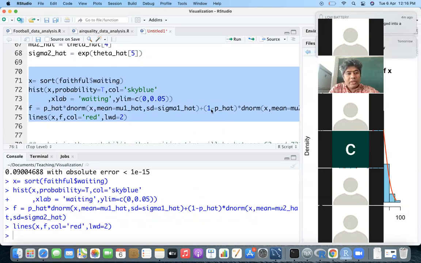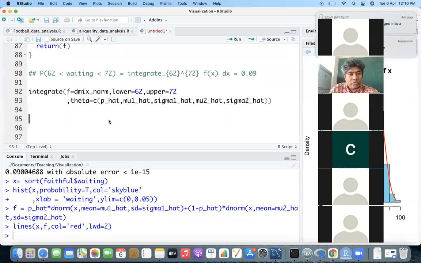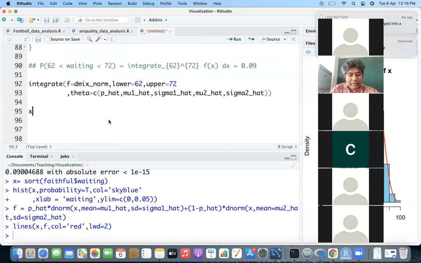That will give me the estimate. Very good, yes, that is true. So what I will do is check x greater than 62 and x less than 72, and check how many of them are there.